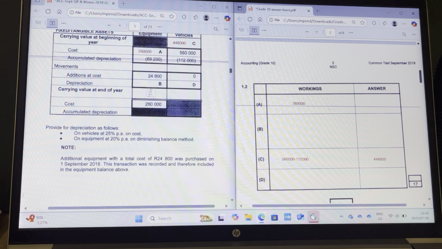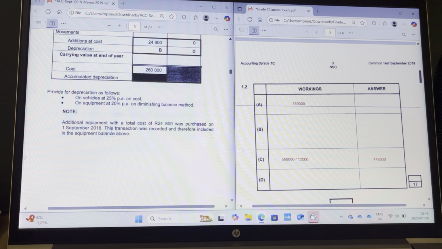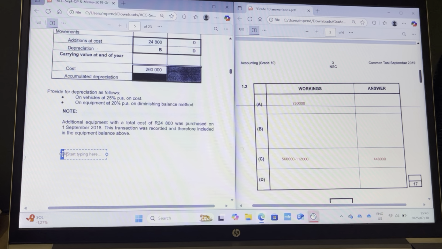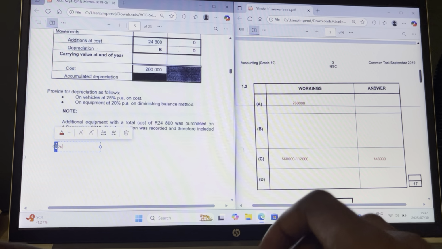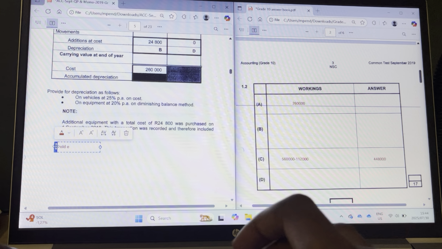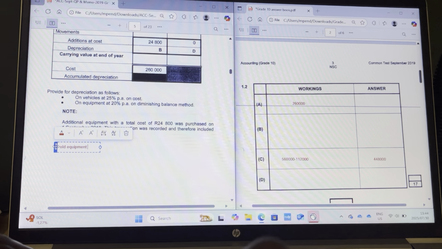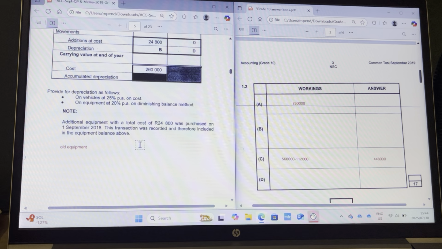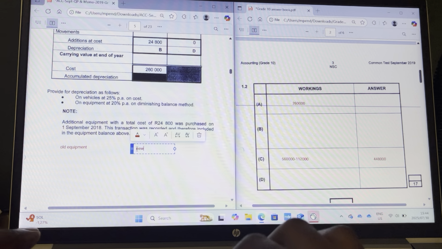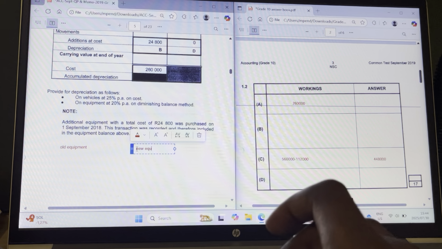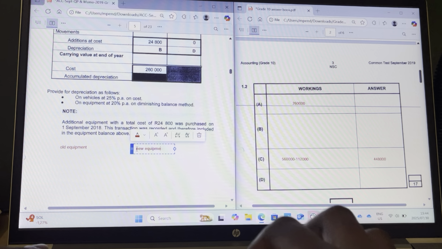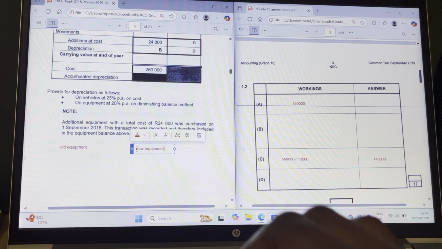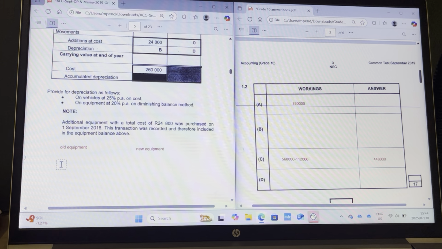So that has already been included in this above note. What is important to note here is that we have old equipment and we have new equipment, which we're going to account for differently.